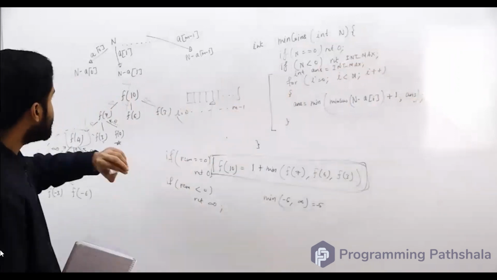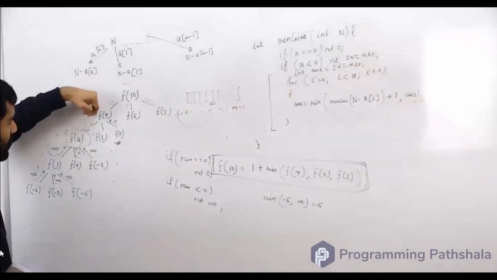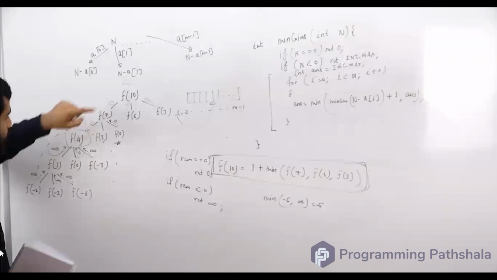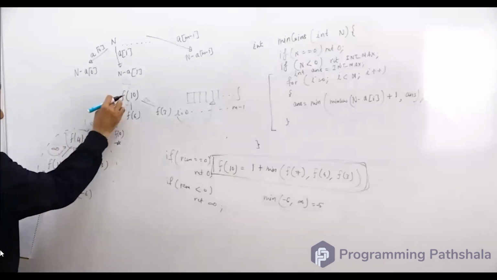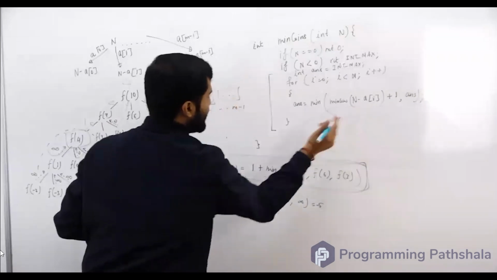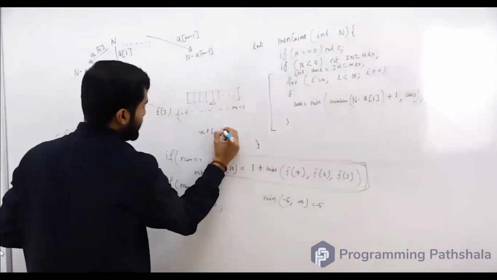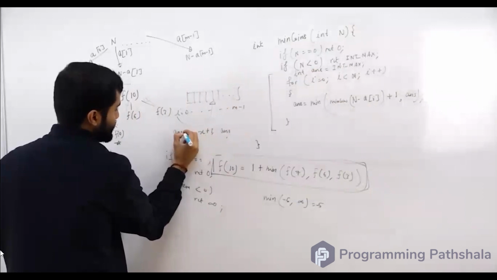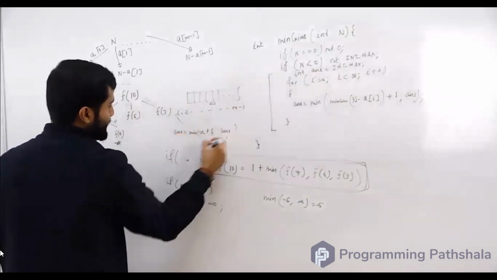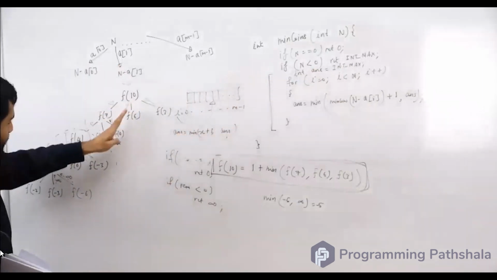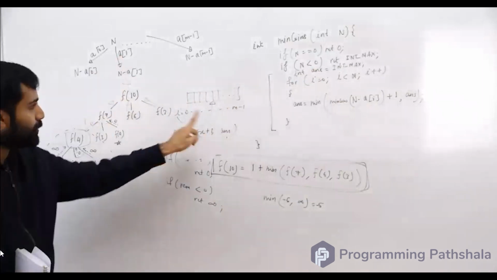So all that is happening is, think of it in this manner. You made this call and it returned you, let's say, x. So you have 1 plus x with you and your answer was initially infinity. So you update your answer to min of this, comma, that. And then you make this call, and whatever is returned, using that, again, you update your answer.